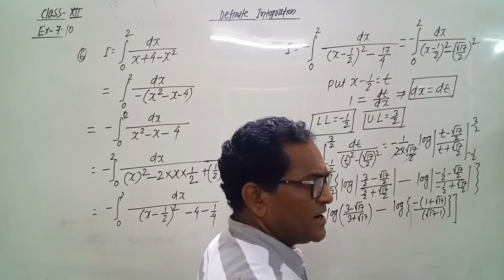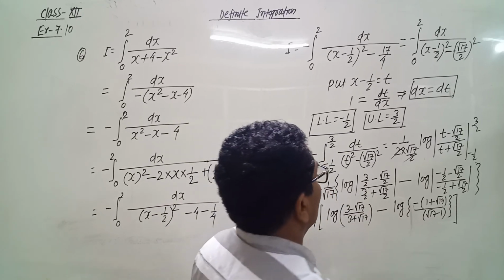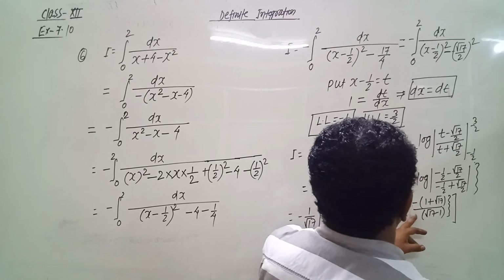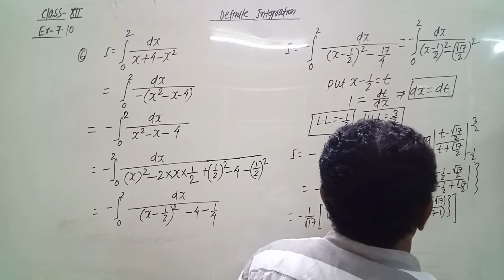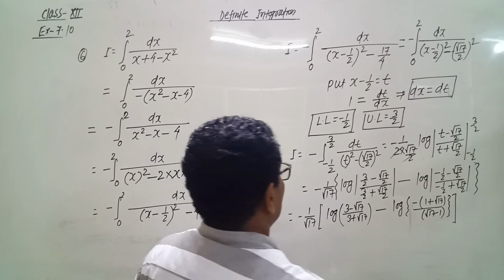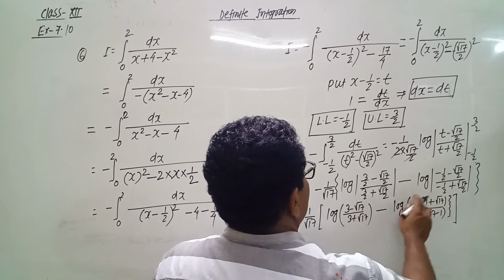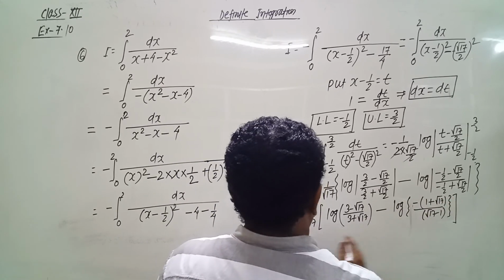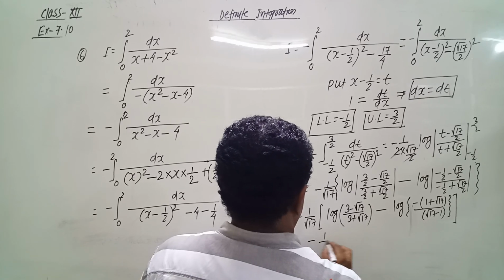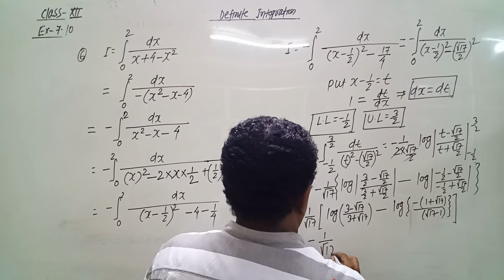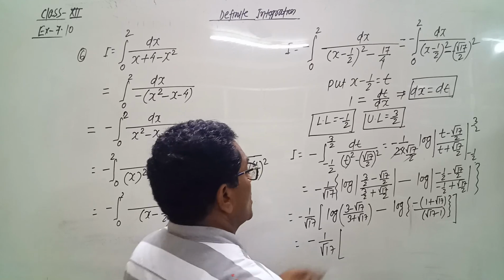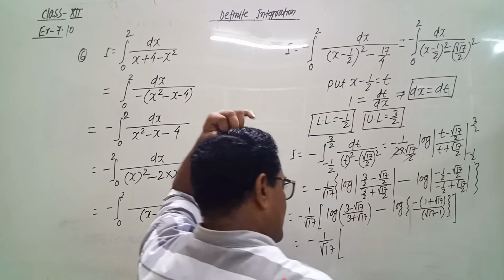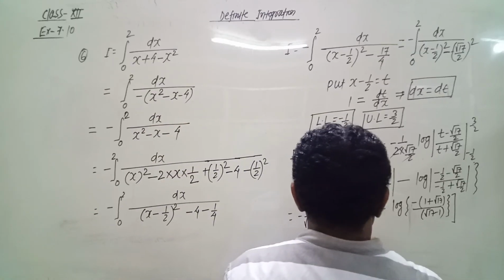So this can be written as log a by b. You write log a minus log b. So minus 1 by root 17, and this can be written as log a minus log b, which is equal to log a by b.